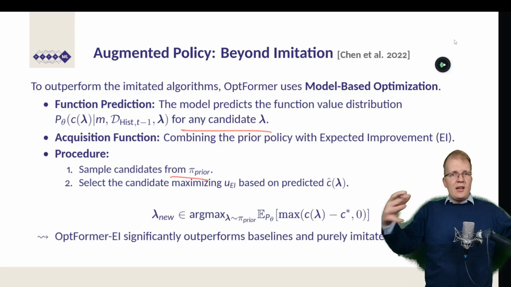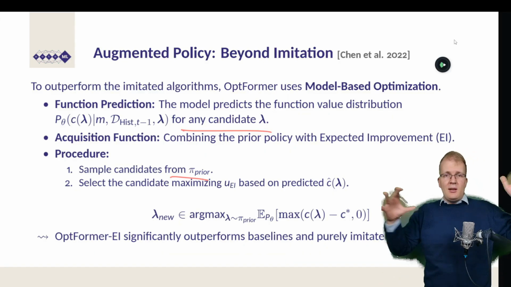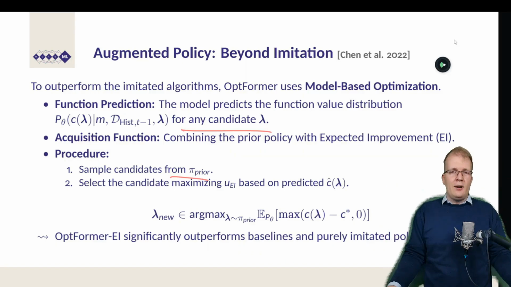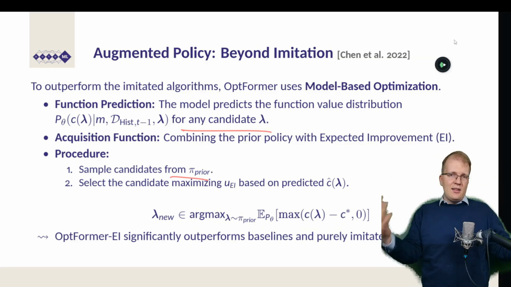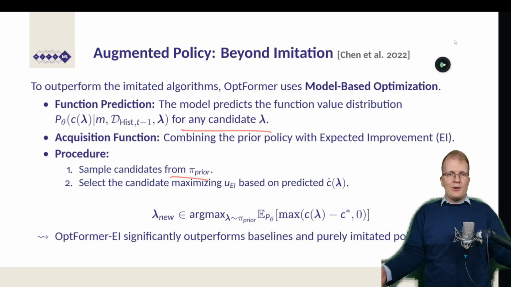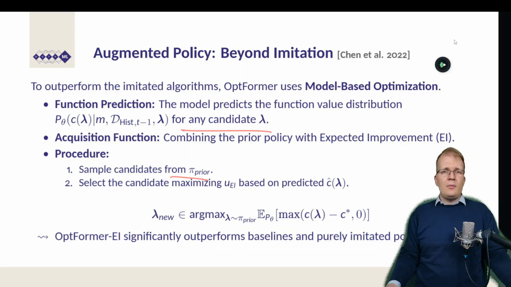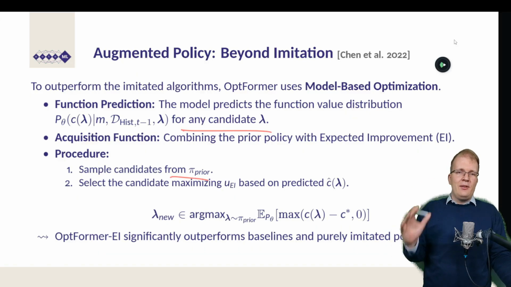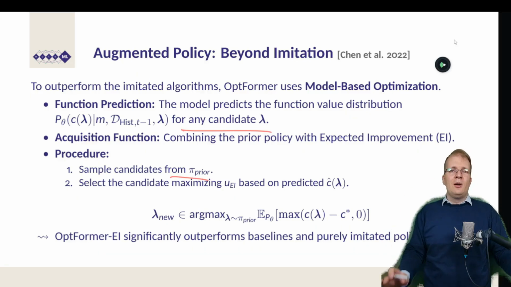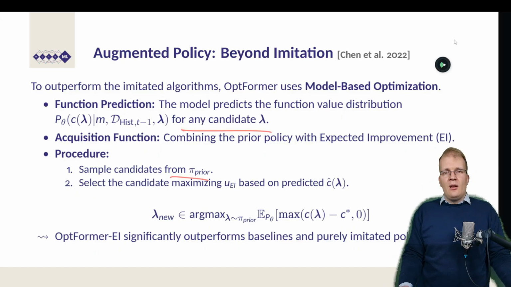And we can sample that maybe even from different imitated algorithms. So maybe the prior we're sampling from is EA, BO, hill climbing, whatsoever. And then nevertheless use EI to decide what is the most promising one. And that idea helped OptFormer with this EI to significantly outperform many baselines and these fully imitated policies.